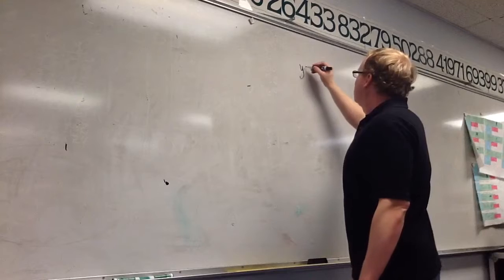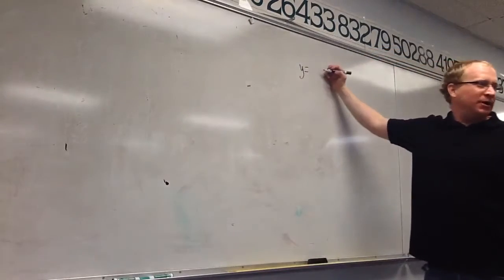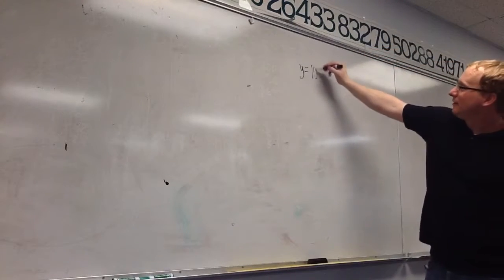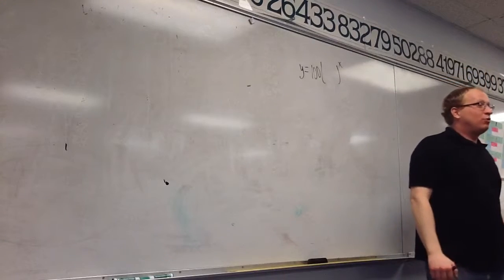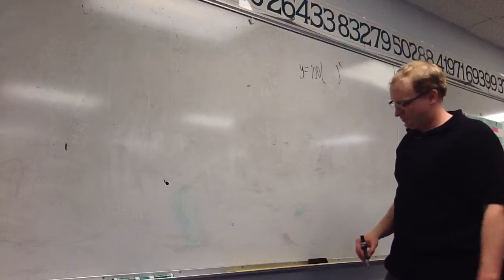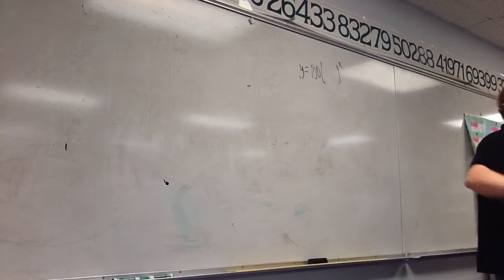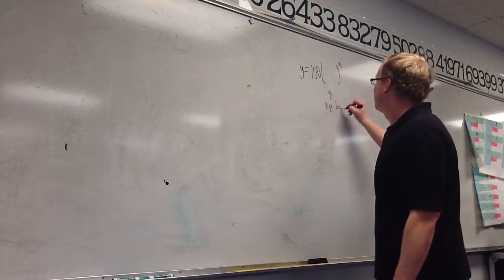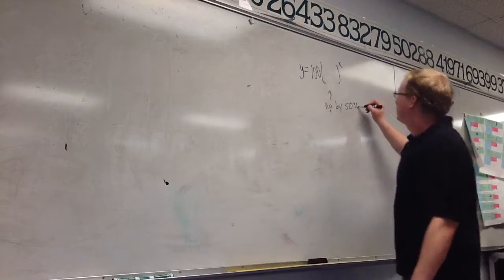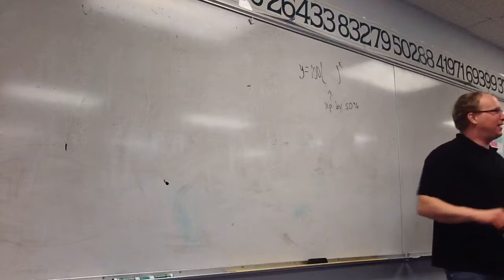You have $100 every month. 0.5? No, gotta make it smaller. That would make it smaller. If you wanted to go up by 50%, what's the multiplier have to be? 1.5. How'd you know?